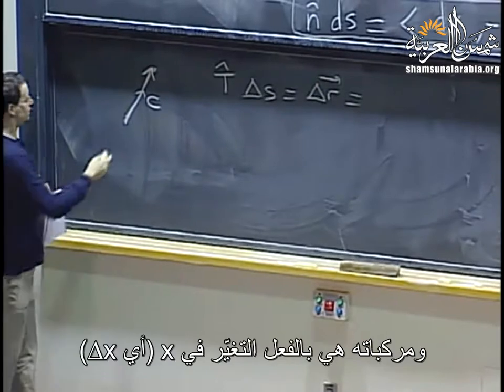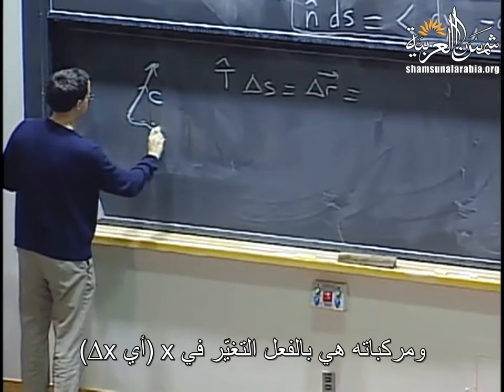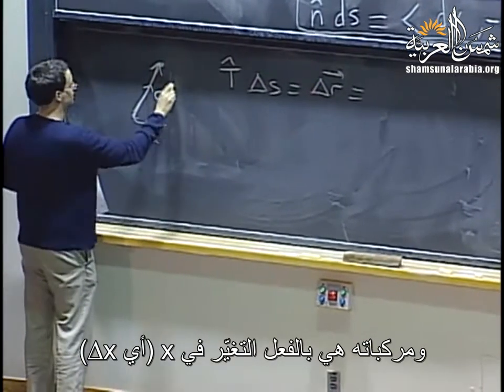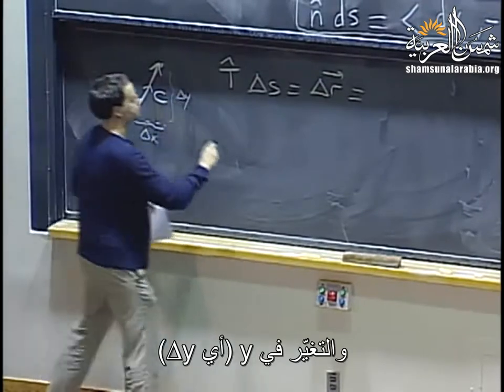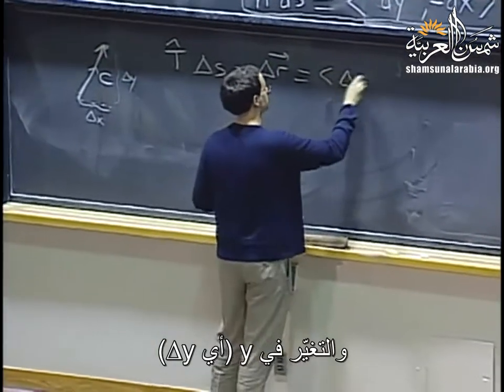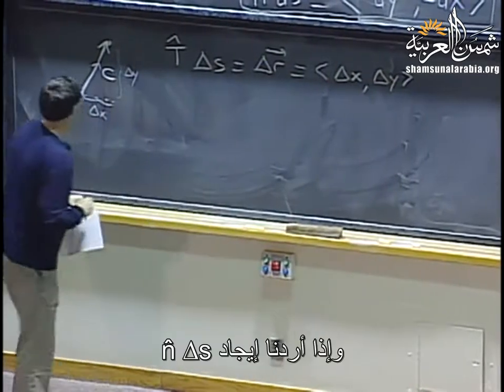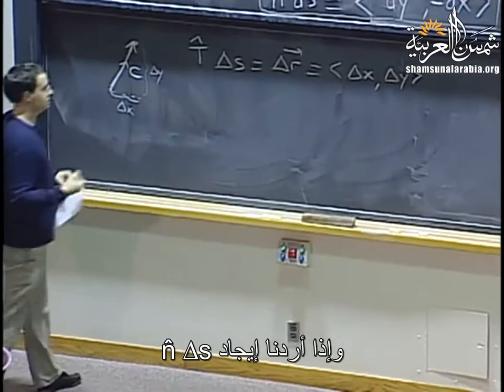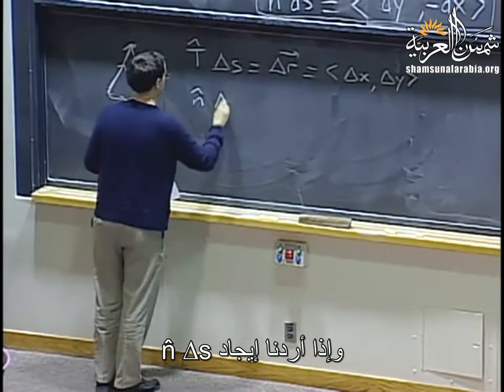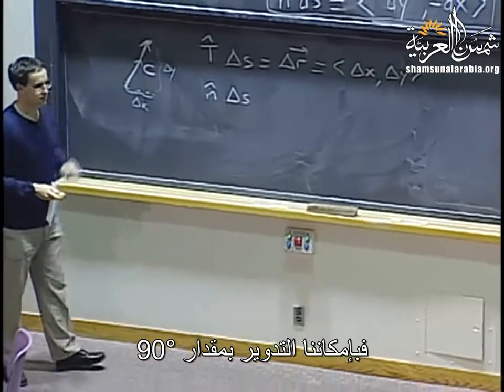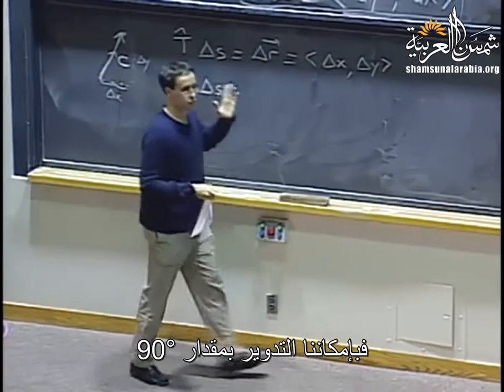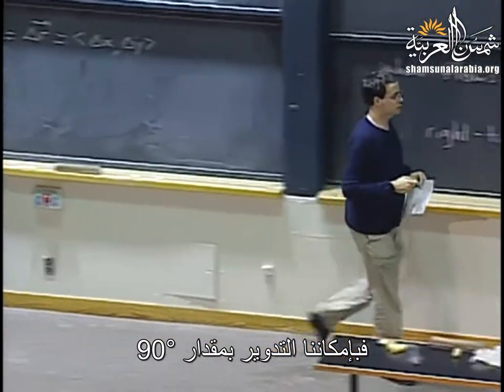Its components will indeed be the change in x, delta x, and the change in y, delta y. And now if I want to get N delta s, I claim it's perfectly valid and rigorous to just rotate that by 90 degrees.